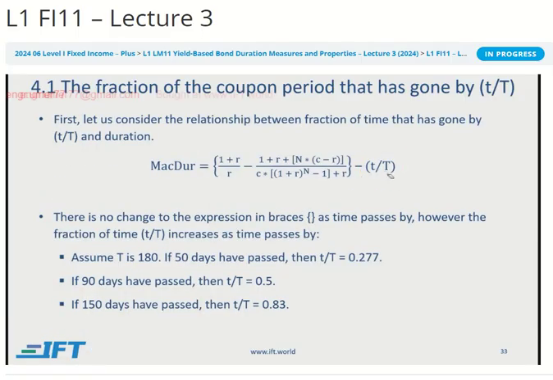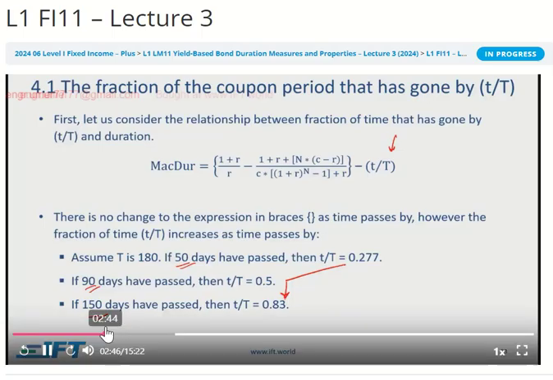As you're getting close to a payment, let's say 50 days have passed, and now 90 days have passed, or 150 days have passed. So this figure over here, which is t divided by T, is getting larger and larger. As this gets larger, your MACD comes down, because that coupon is coming closer.